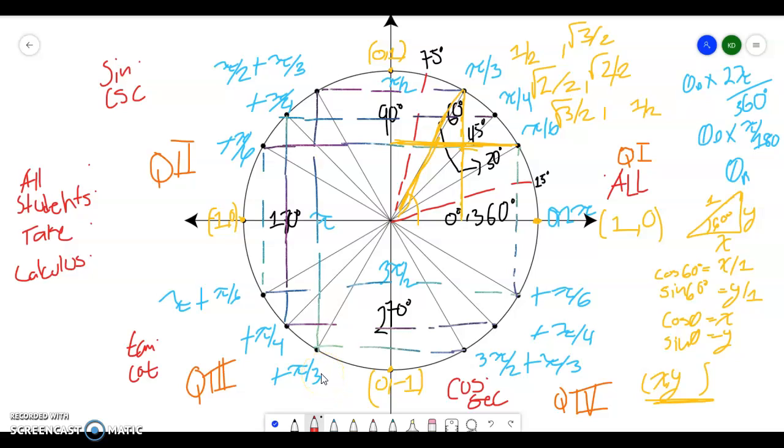I would recommend memorizing only the first quadrant and then rationalizing how you want to work out the other quadrants. Like I said, for example, if you're past 90 degrees, add 90 degrees to your corresponding angles.